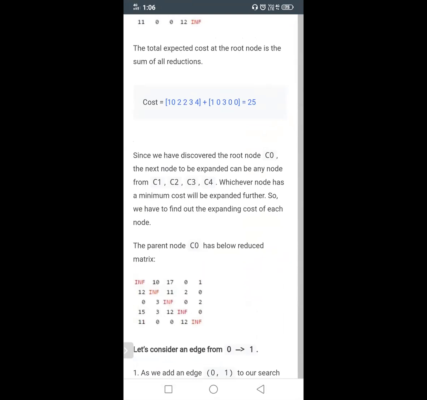Expand the cost of each node. So we have to find out the expanding cost of each node. The parent node is C node, which has been reduced matrix. Then what we have to do? We consider this C node as 0. Which way do we have to move, and which node are we going to expand, we don't know. That is, we are considering C node as C0.